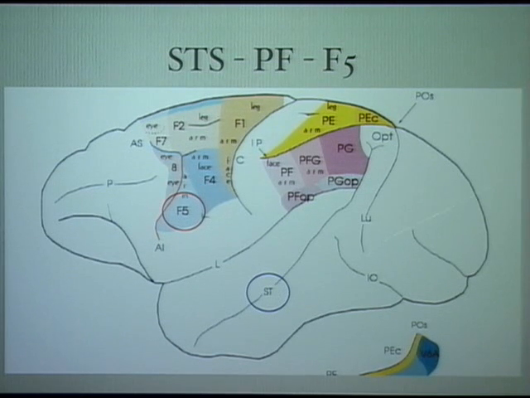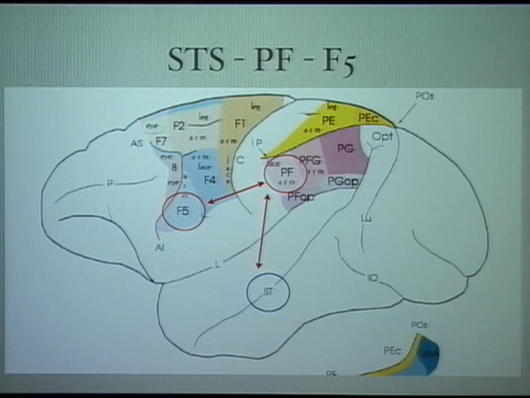On the other hand, these two regions in the monkey brain are not anatomically connected. So they needed a third region that would connect these two. And there is one, in fact: area PF in the rostral part of the inferior parietal lobule, which connects both with STS and with F5. So it made sense to think that visual information was relayed from STS to F5 through PF.